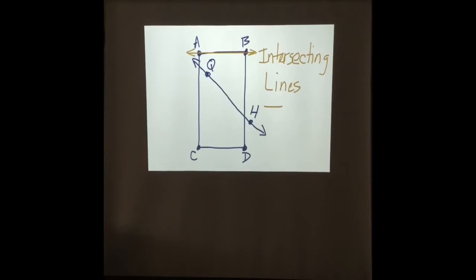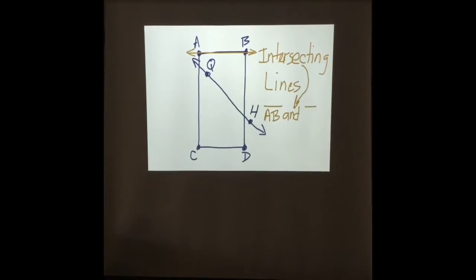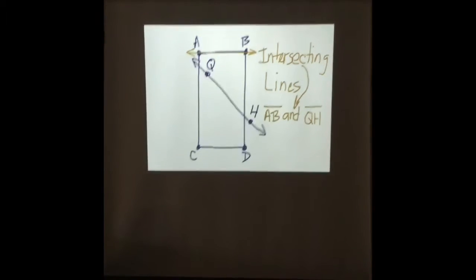What's our one on the top? Line AB, right? And we just put the word and in between them. And means intersecting. And then we have our line, what? QH.